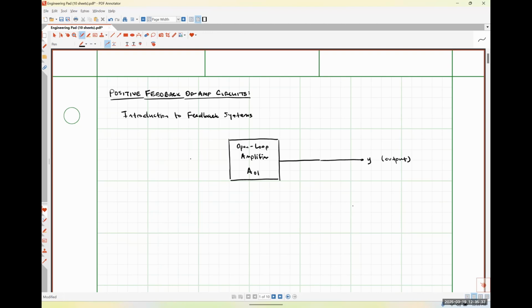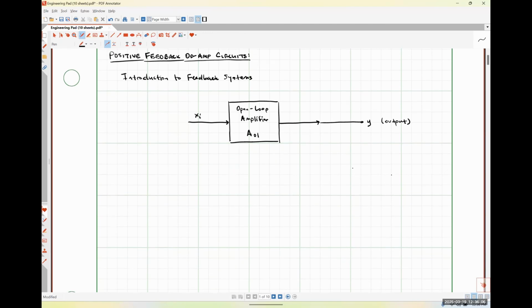And then over here on the left-hand side, we would have our input signal, which I'm going to label as X sub I. So that is the open loop amplifier signal flow diagram like we've been dealing with in this class thus far. Okay. So what we're going to do today is we are going to be applying some feedback, okay?